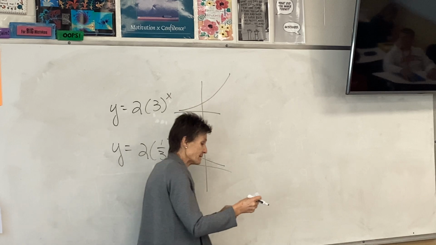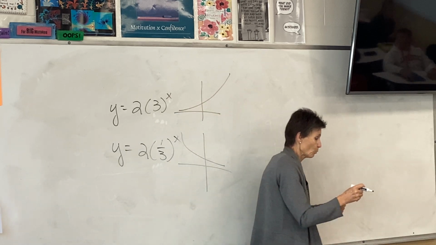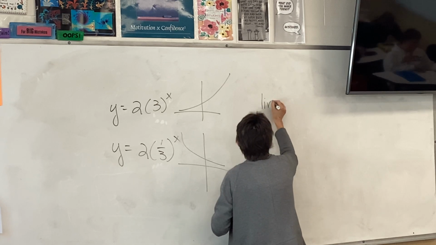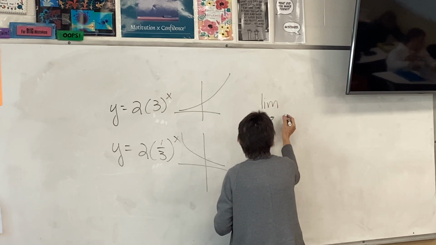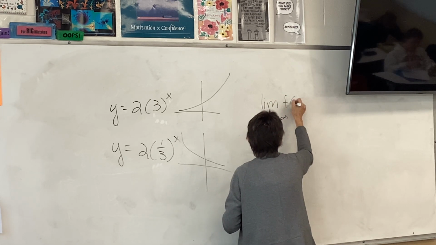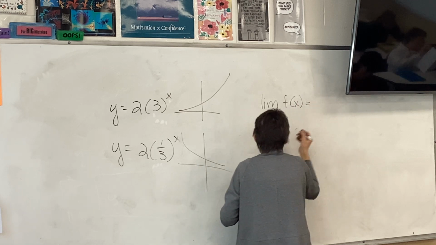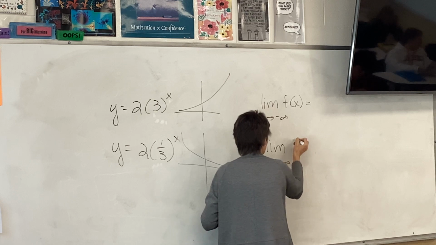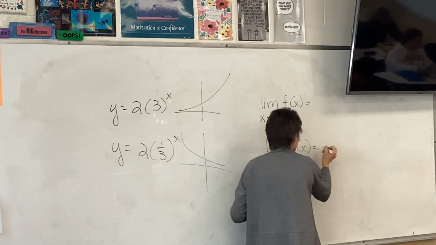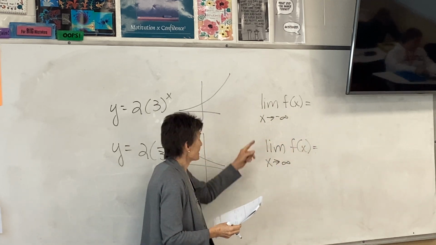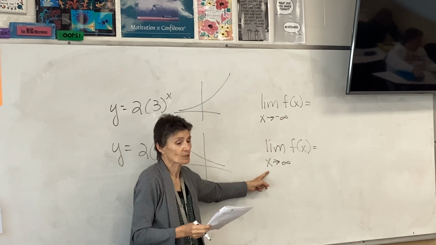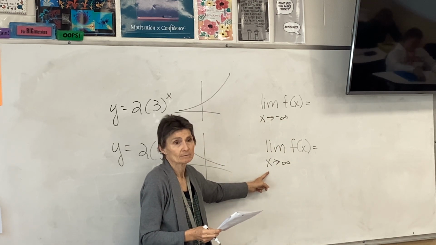Let's look at the back side, example 1. Here we go. Write limit statements for each of these pictures. We haven't done this in a while, but we need to remember how to write limit statements for any behavior. Everybody remember this? The limit as x approaches negative infinity and the limit as x approaches positive infinity.